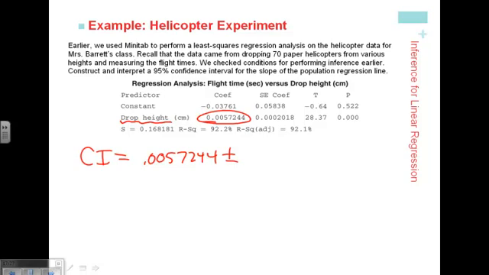I think I would like to be 95% confident on a confidence interval for the value of beta. So, on that T table, I've got a combination of 95% confidence, and Paul said that there are 70 helicopters, so how many degrees of freedom? 68 degrees of freedom.